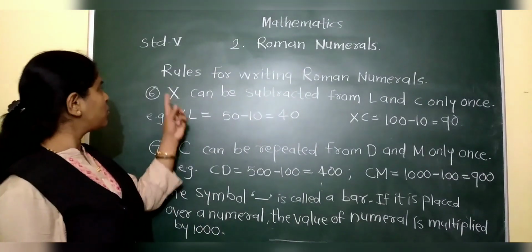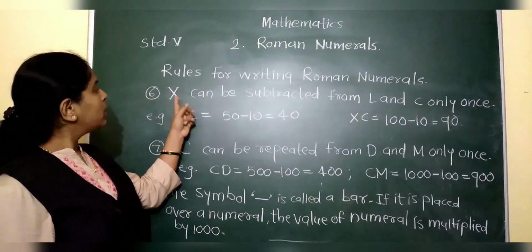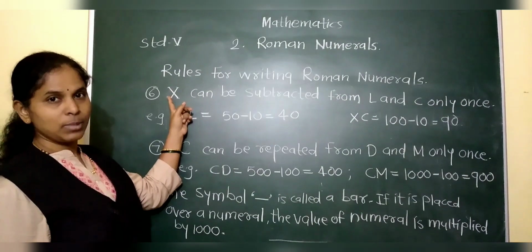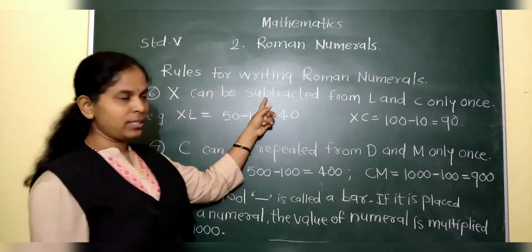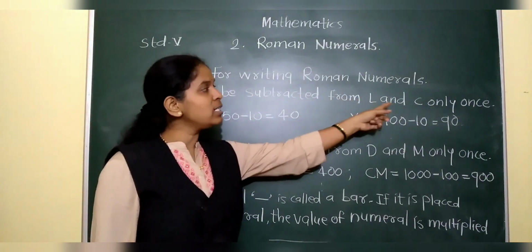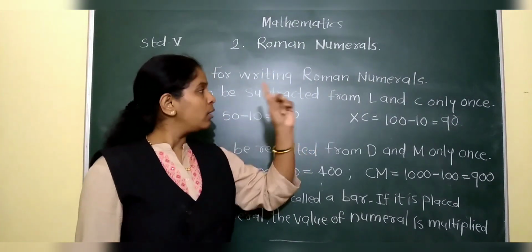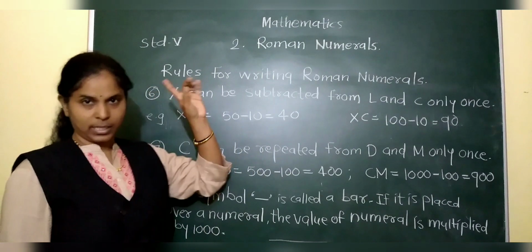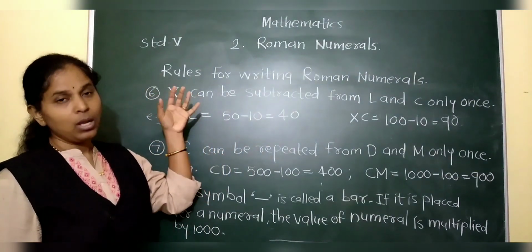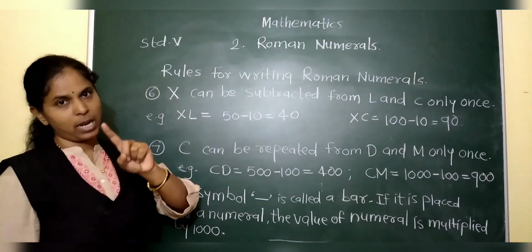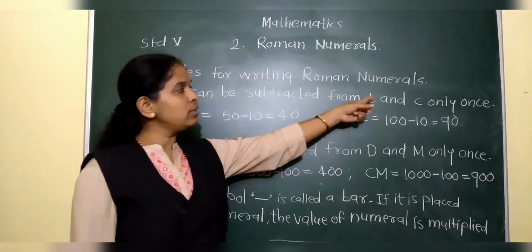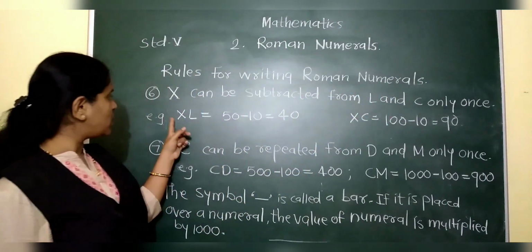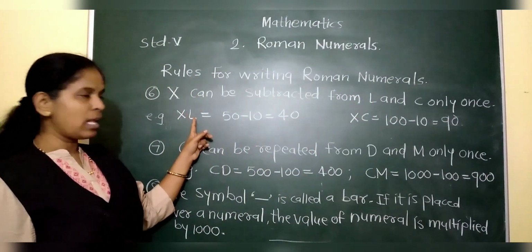Now, the next rule, the sixth one. X means 10. X can be subtracted from L and C only once. L means 50, C means 100. Meaning X, which stands for 10, we can subtract only one time from L and C. For example, see, XL. L means 50.